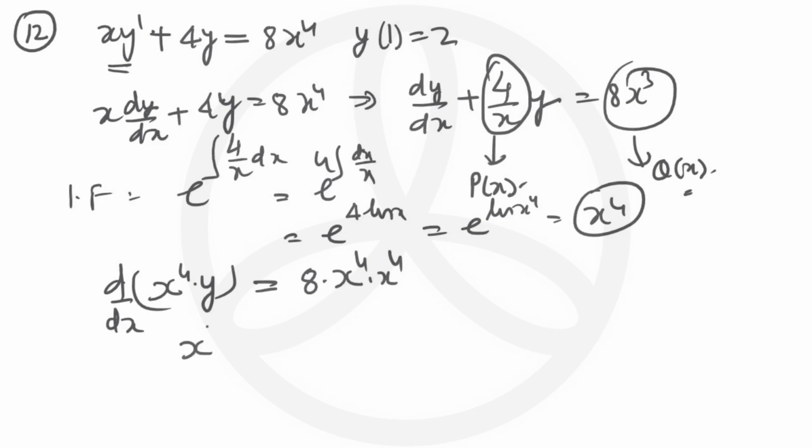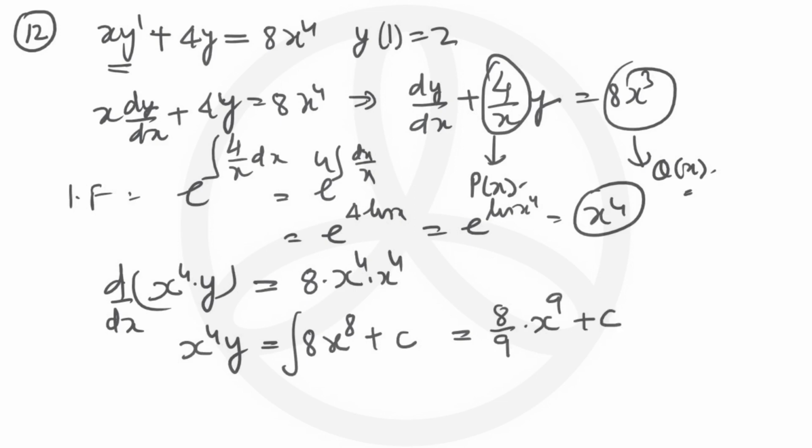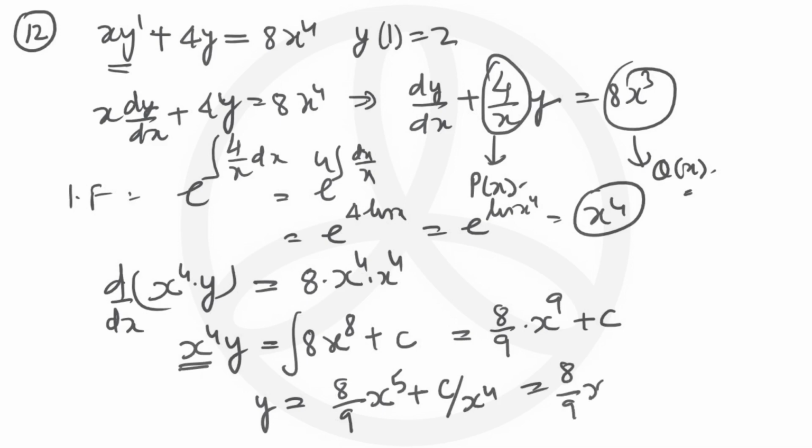On the left hand side we will get x to the power 4 y, and on the right we will get 8x to the power 8 integration plus a constant of integration, and this will be 8/9 x to the power 9 plus c. We divide the entire expression by x to the power 4, so we will get y is equal to 8/9 x to the power 5 plus c divided by x to the power 4, or 8/9 x to the power 5 plus c x to the power minus 4.